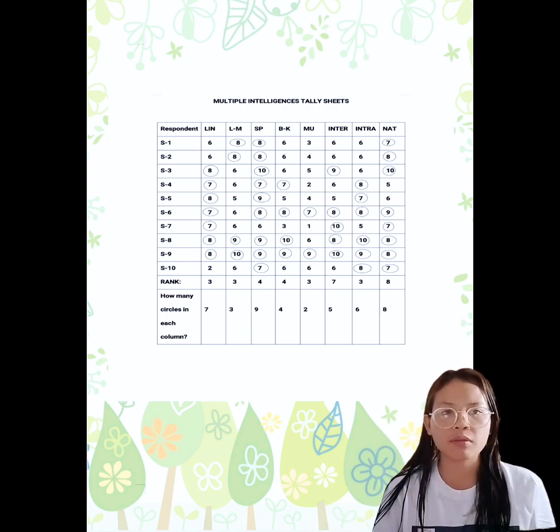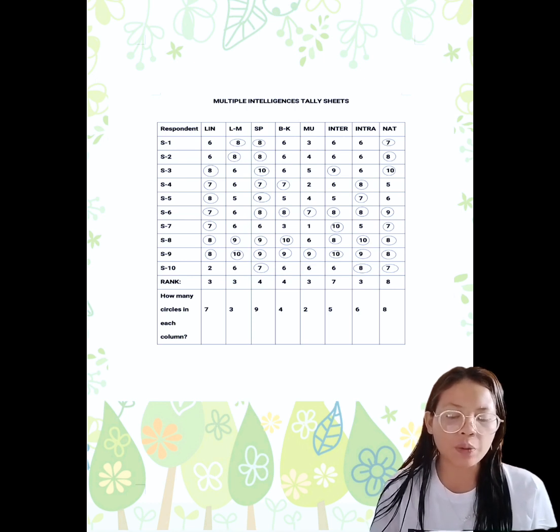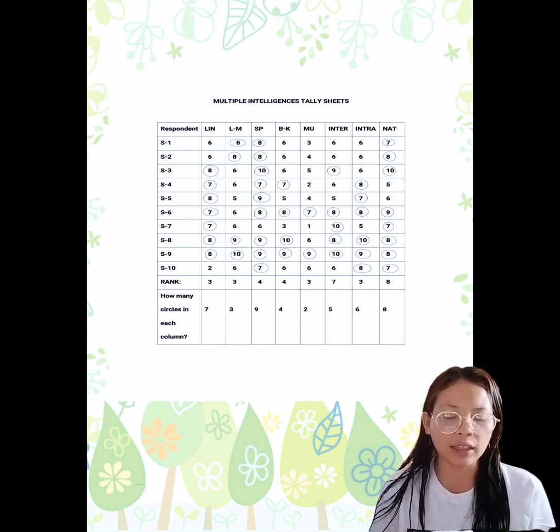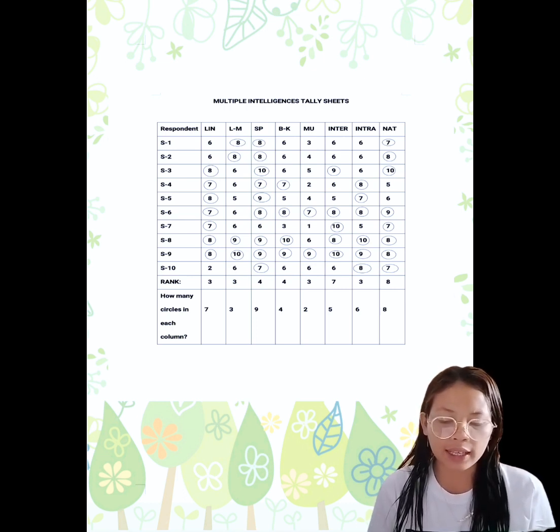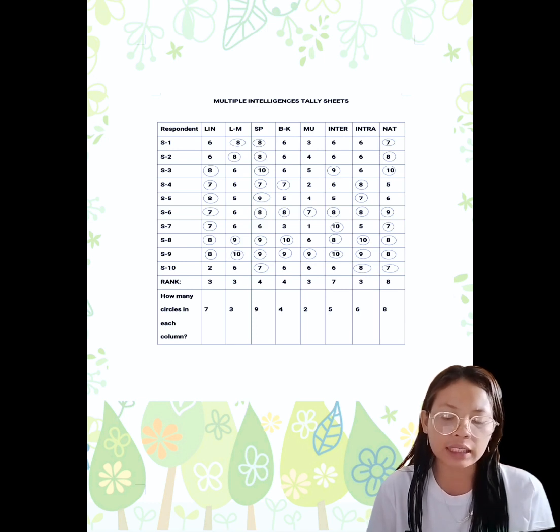Next, student 4. Student 4 has a tie in linguistic, spatial, bodily-kinesthetic, then prefers intrapersonal. Then student 5 is linguistic, then highest in spatial, followed by intrapersonal.